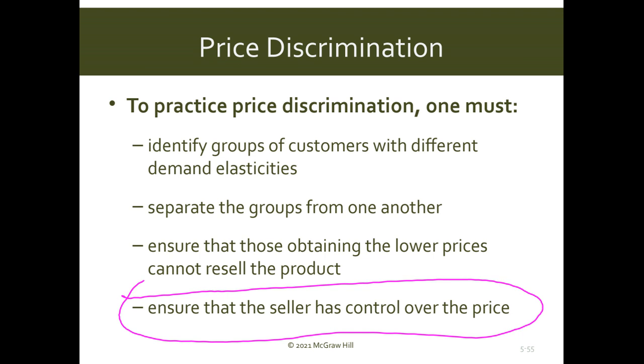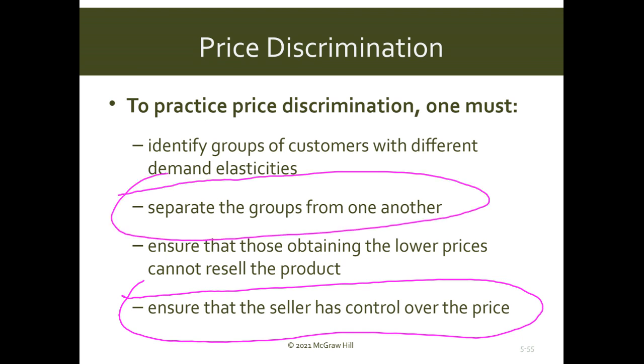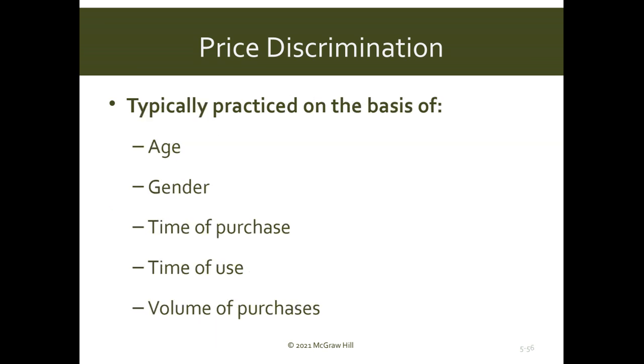Second, separate the groups from one another. So you have to have two different categories based on so many factors. I'll go back to these: based on age, based on gender, based on time of purchase. If you go to Mary Brown on Monday, they will give you a deal only on Monday.